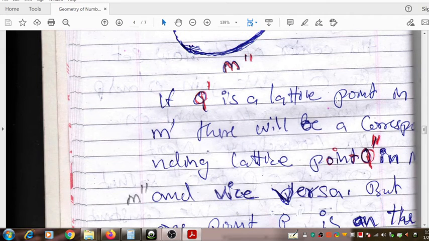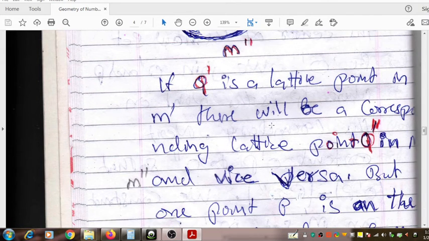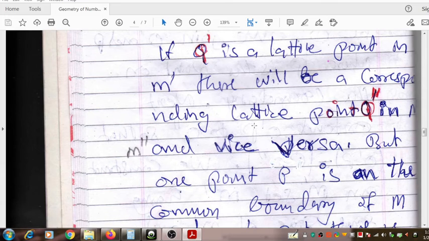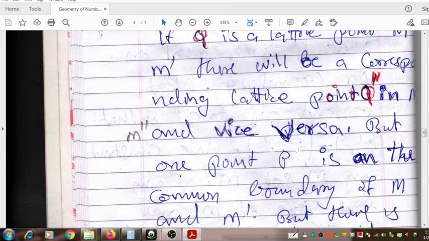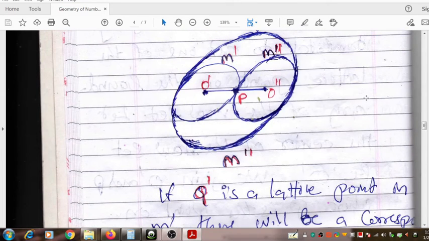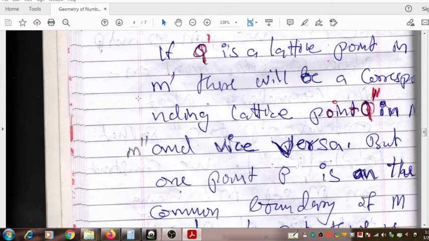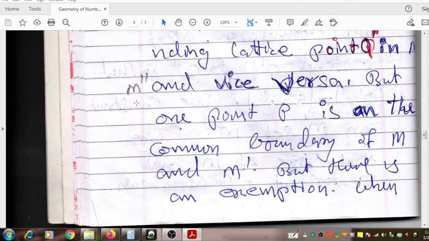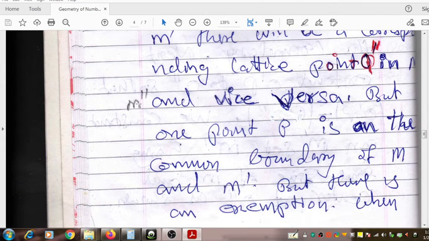Then there exists a lattice point Q double prime in M double prime, and vice versa. That means if there exists a lattice point in M double prime, then you get a corresponding lattice point in M prime. So the number of lattice points in M prime will be equal to the number of lattice points in M double prime.